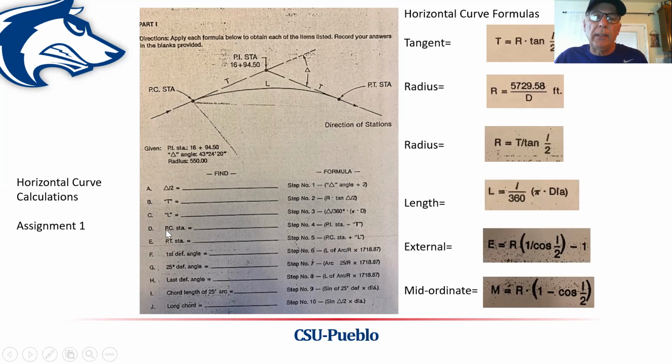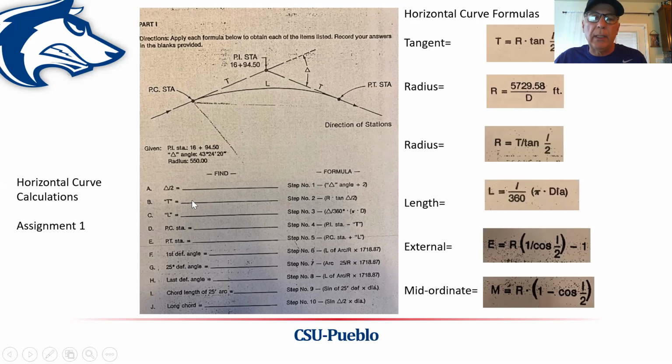We were asked then at letter D here to calculate the PC station. The PC station is the point at which the curve begins along the tangent. So we calculate the PC station by taking the PI station, subtracting the tangent distance to get back to the point.